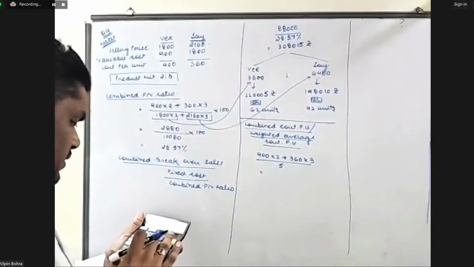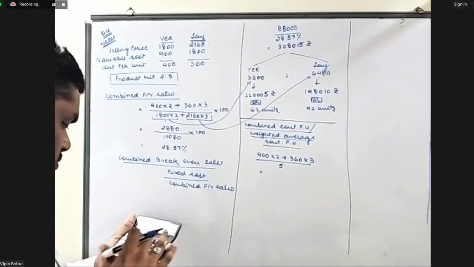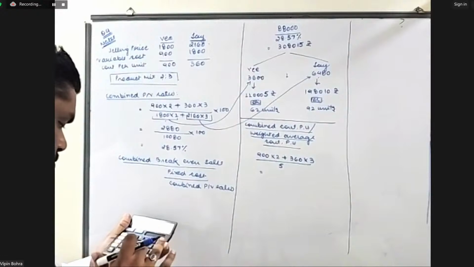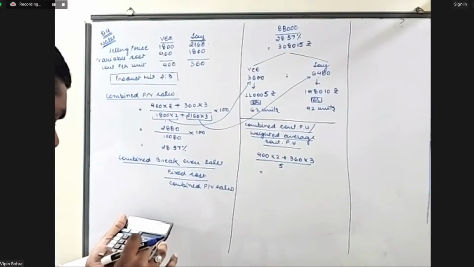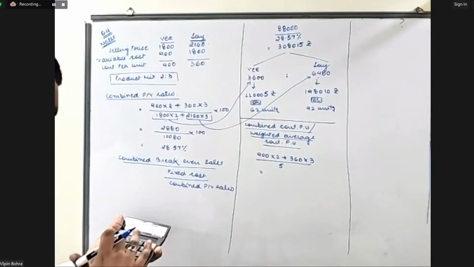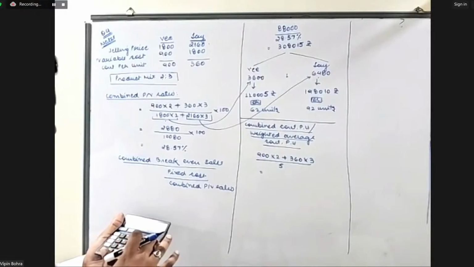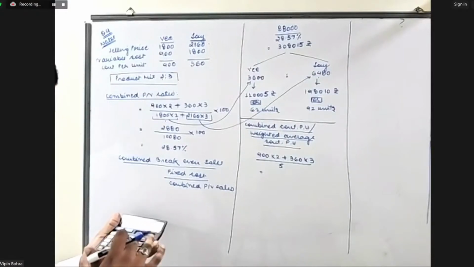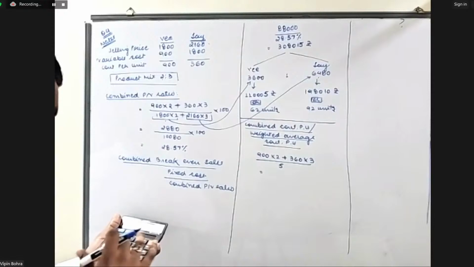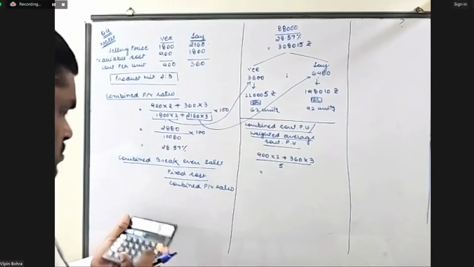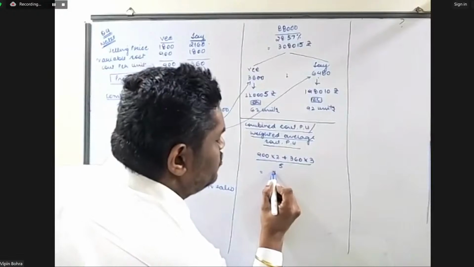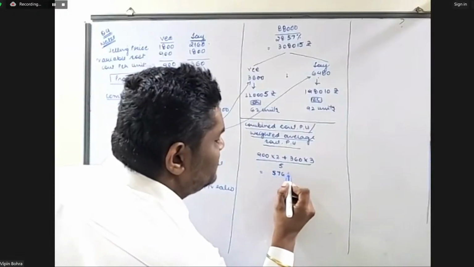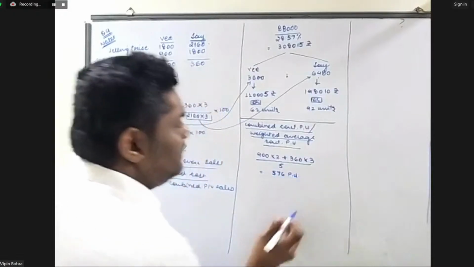So my combined contribution per unit, or weighted average contribution per unit, will be 576 per unit.